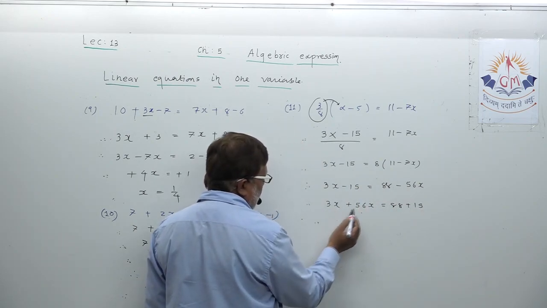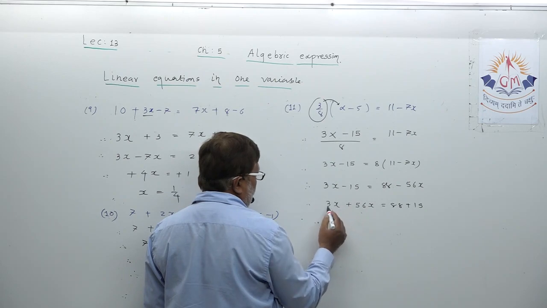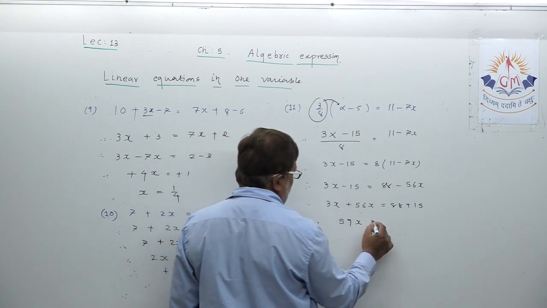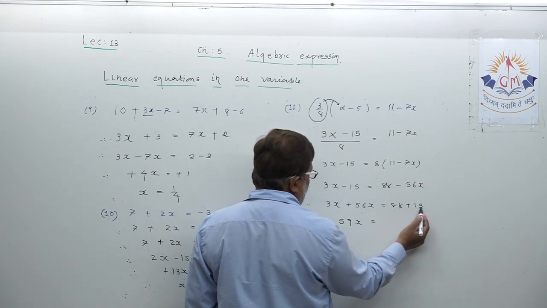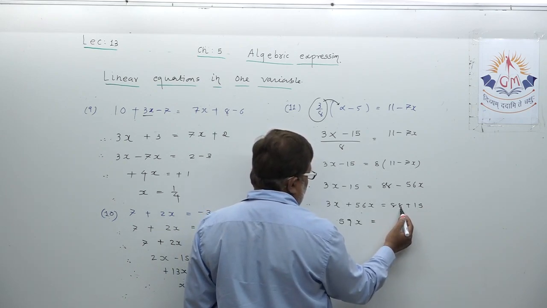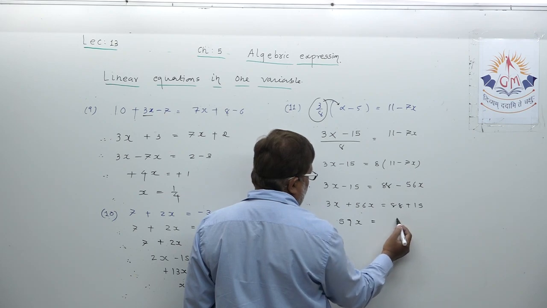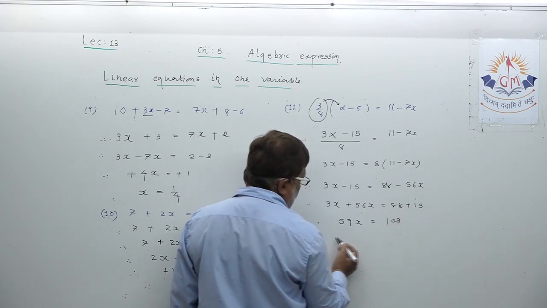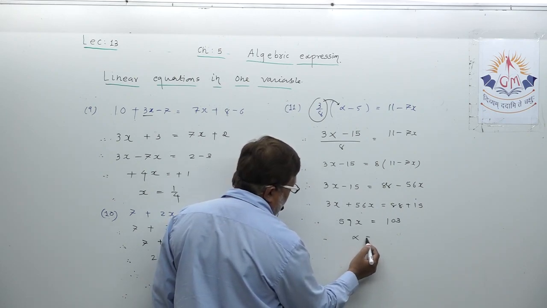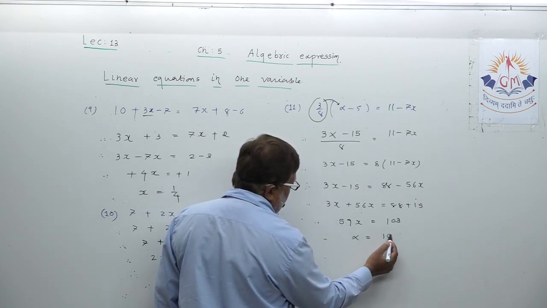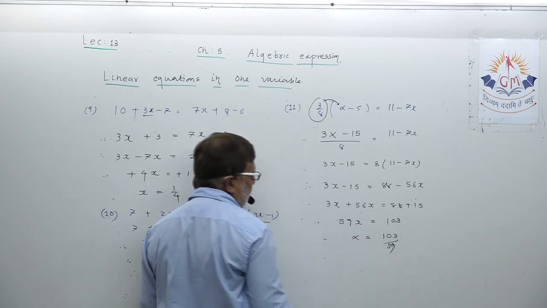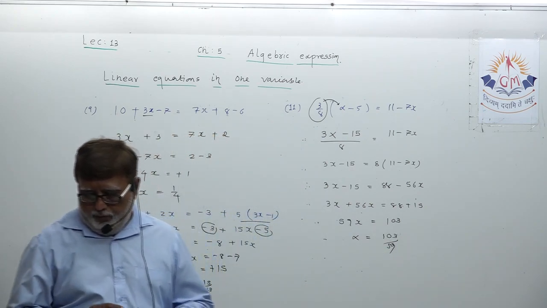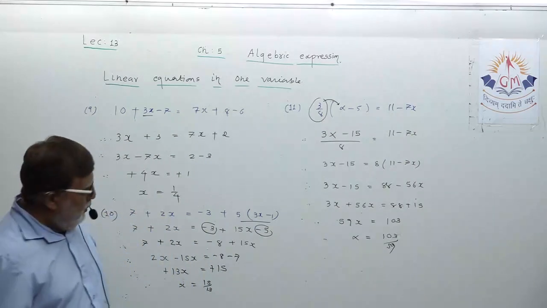Transfer of the term, 56x plus 3x is 59x, 88 plus 15, understand? Right? 8 plus 5 is 13, 1, so 103, so x equal to 103 upon 59. Cancellation is not possible, so you do not have to do it. Understand?